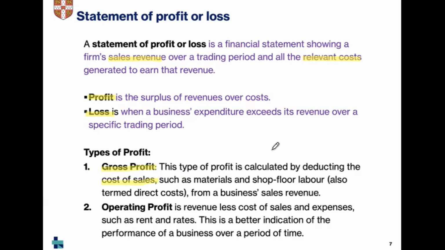All these are direct costs that must be subtracted from our sales. All right. And when we take our direct cost from the sales, we produce our gross profit.